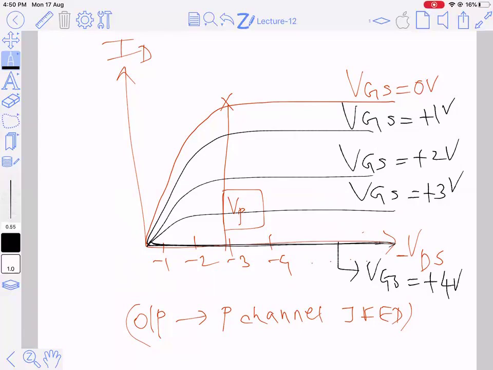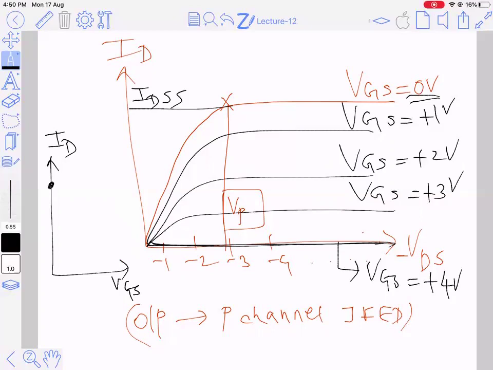What will be the input characteristic if I want to draw it? Please note VGS is positive. This is VGS and this is the drain current. When VGS is 0, the current is maximum, which is IDSS.